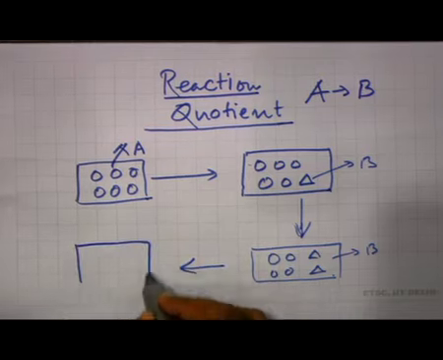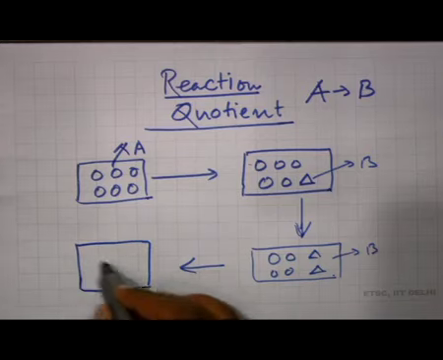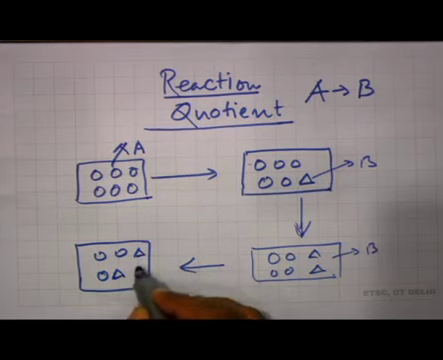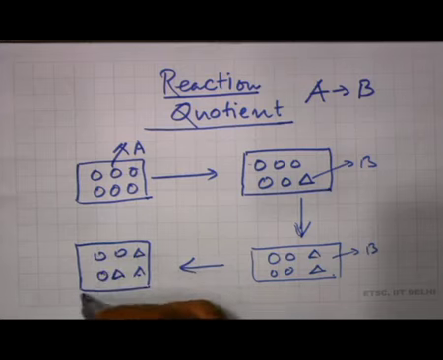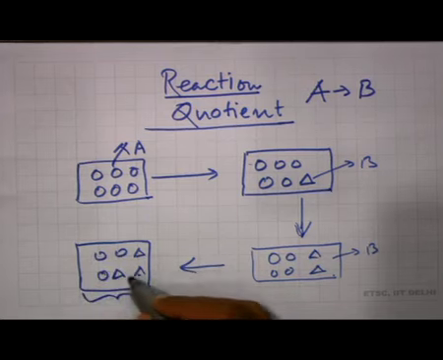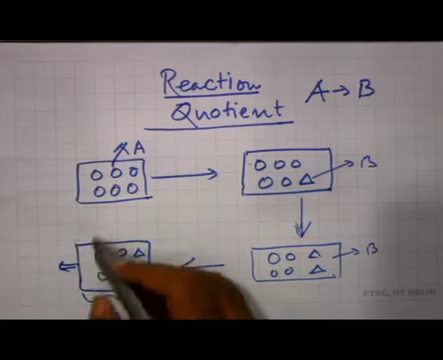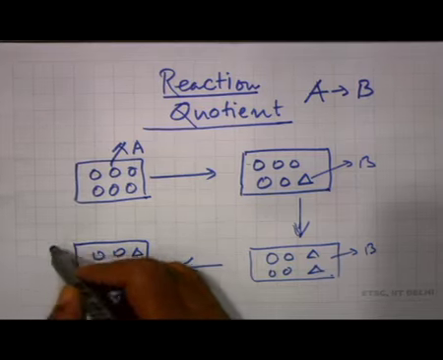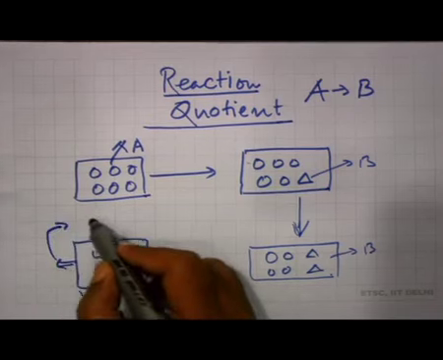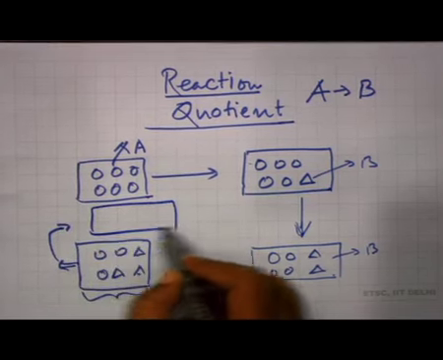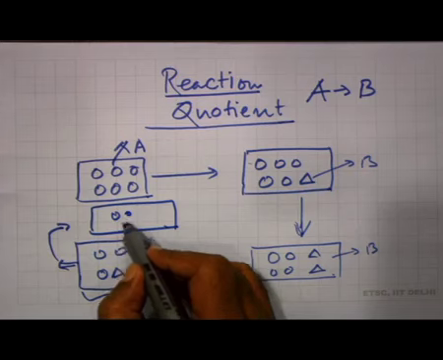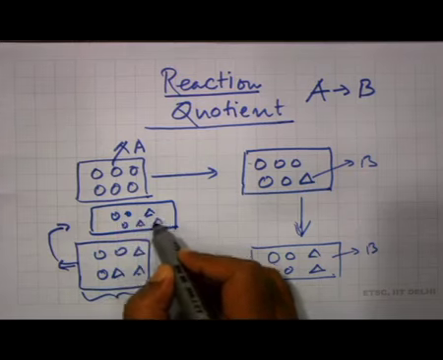Again wait for some time, one more molecule goes to B, suppose. After some time what will happen is that this now does not change. If I wait for a few more hours, you see that there is no change.